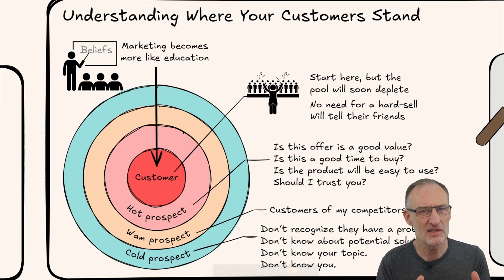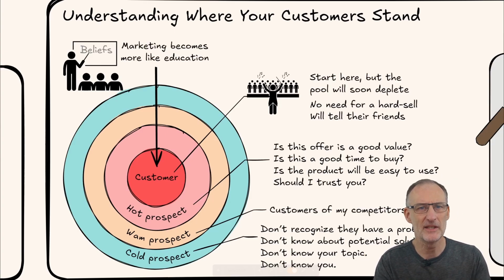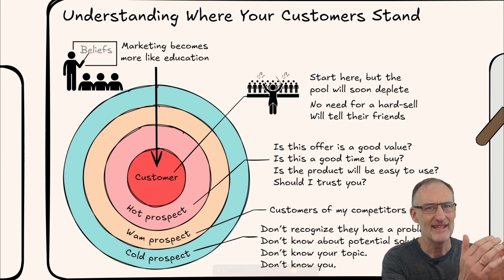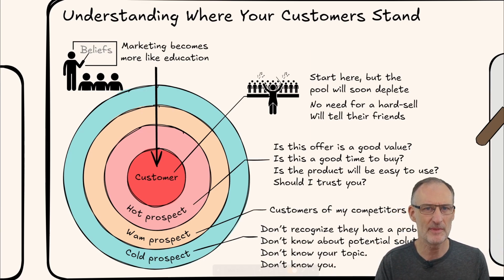Then your warm prospects are typically the customers of your competitors. And here you need to explain why your product is different, more suited to your customers' needs than those other products. And finally, you have the cold prospects, and there are 2 billion of them on the internet. These people don't even realize that they have a problem.